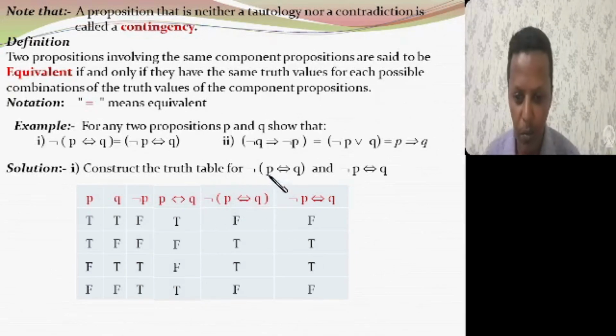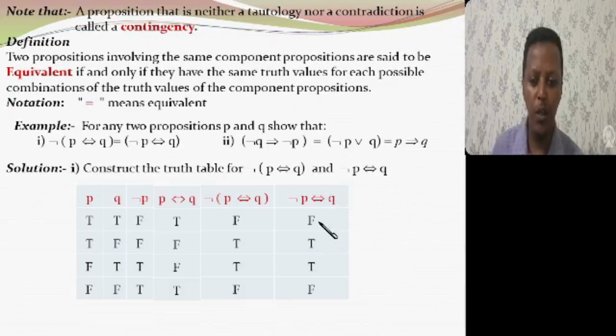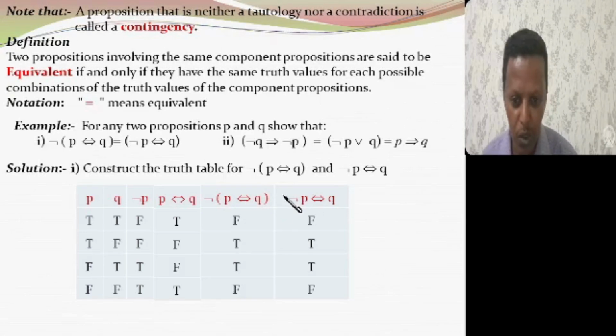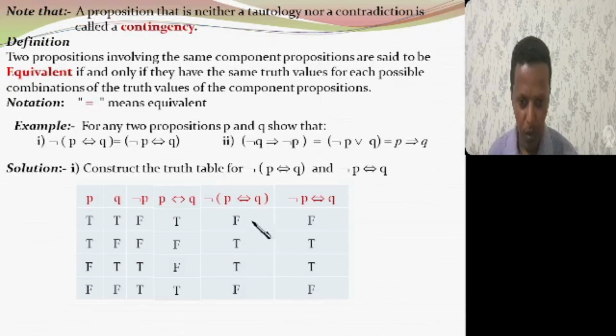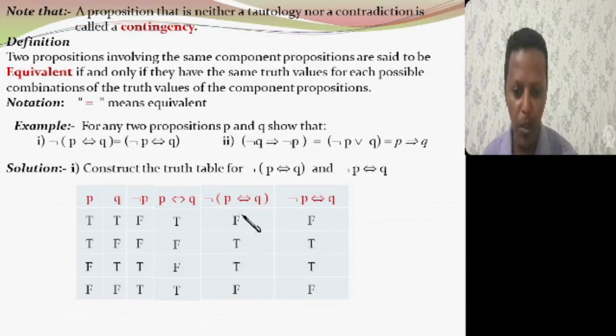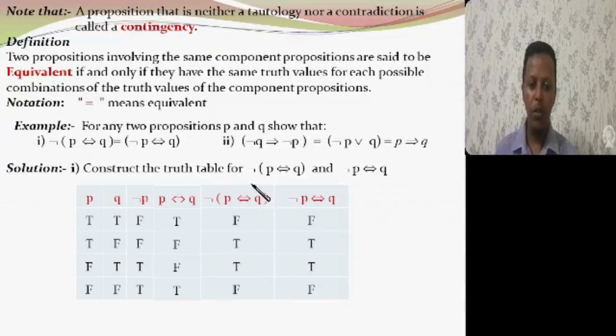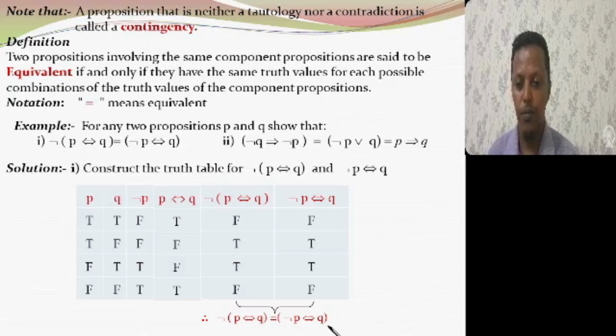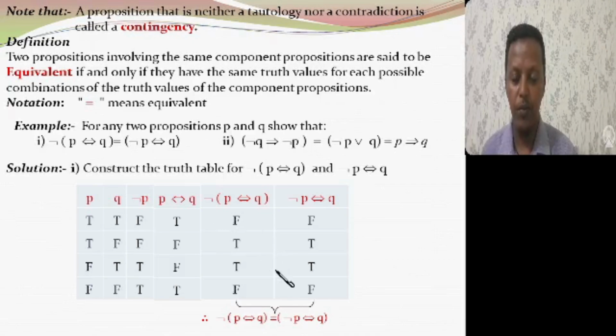So at the end, for negation of P if and only if Q, we get what? False, true, true, false. At the same time, for negation P if and only if Q, we get the same thing: false, true, true, false. So these two compound propositions have the same truth value for all logical possibilities. So from the definition, we can conclude negation of P if and only if Q is equivalent to negation P if and only if Q. So based on a truth table, we can show the equivalency of compound propositions.